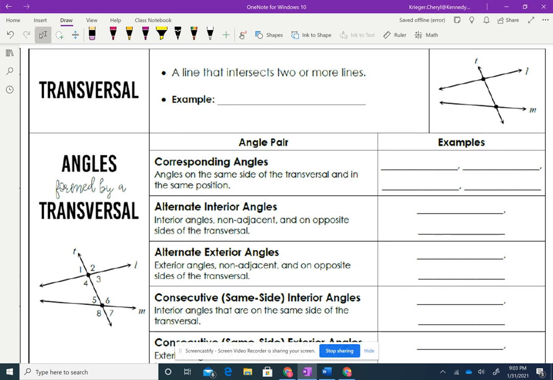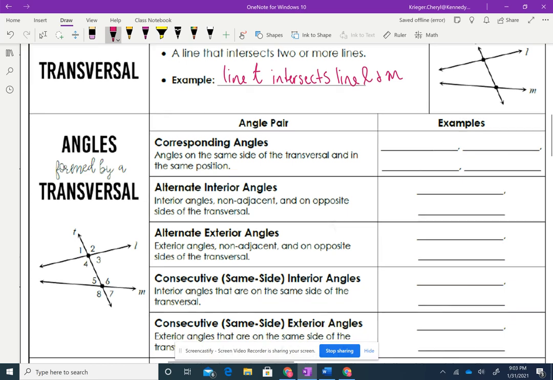So, for example, we have line L and line M, and it is crossed by the transversal T. So line T intersects line L and M.